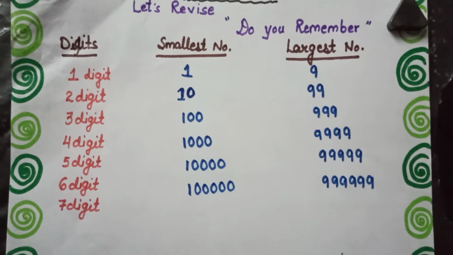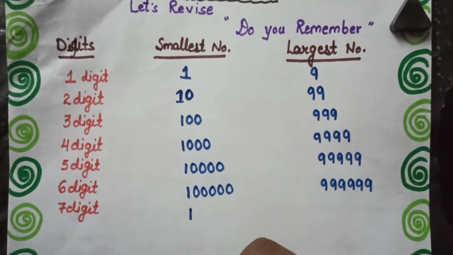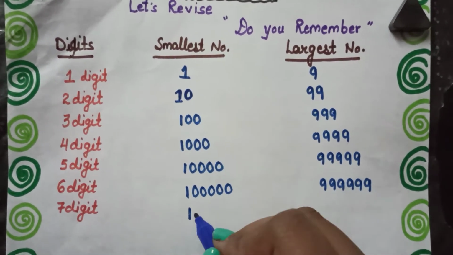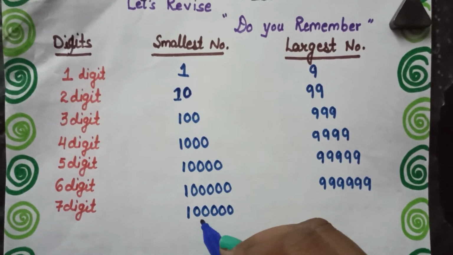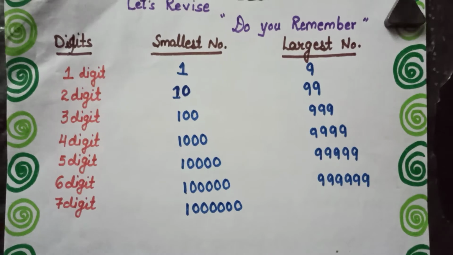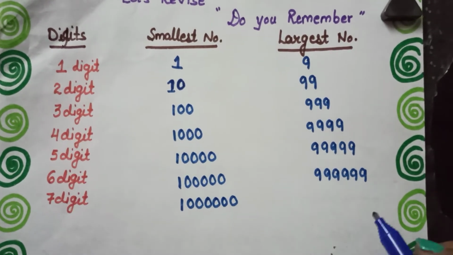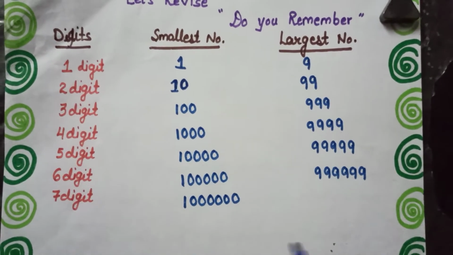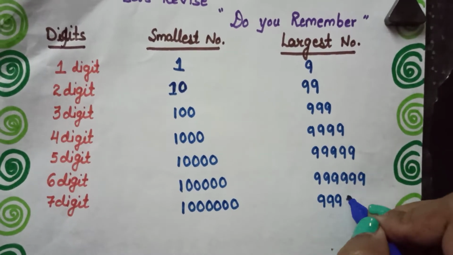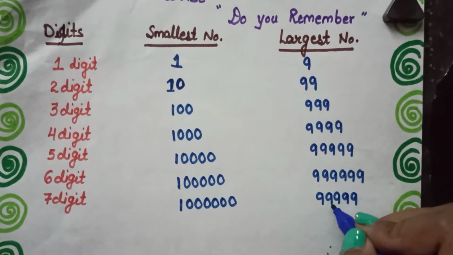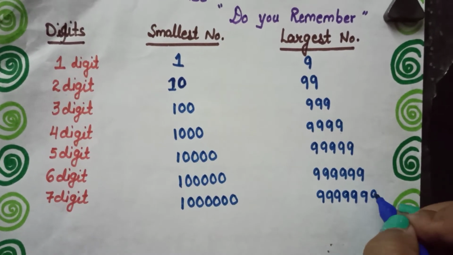Now for the smallest number of 7 digit, we will write 1 only one time and then 6 times we will write 0. Done. And the largest number of 7 digit is, just write down 9 seven times. Yes.